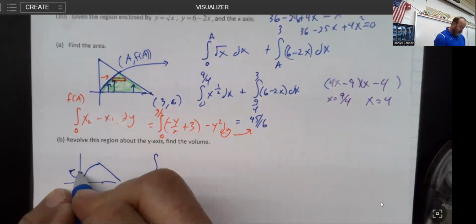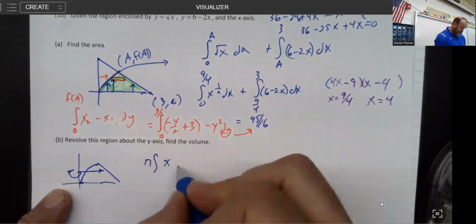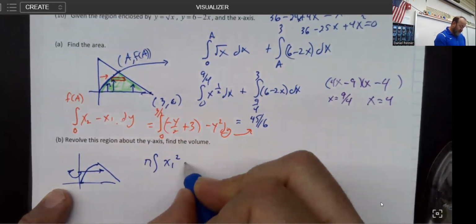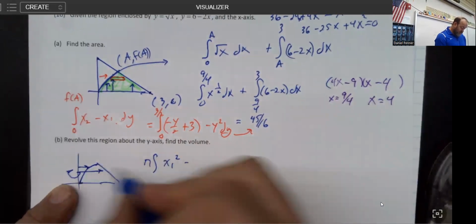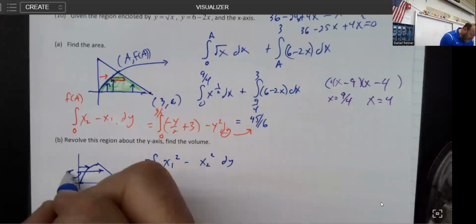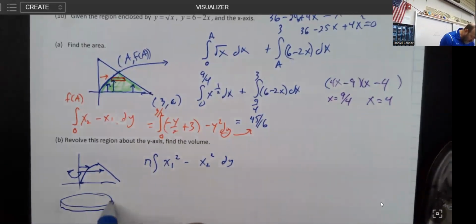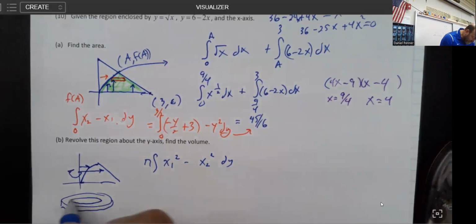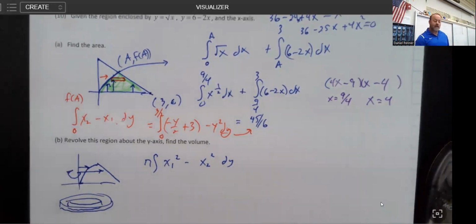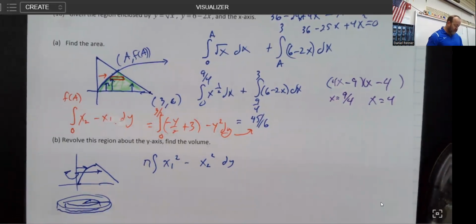So from here to here is x, pi x squared minus pi x2 squared dy, because again, the washers are going in this direction. Hopefully you can understand that little picture. We've got this outer x and this inner x right here.